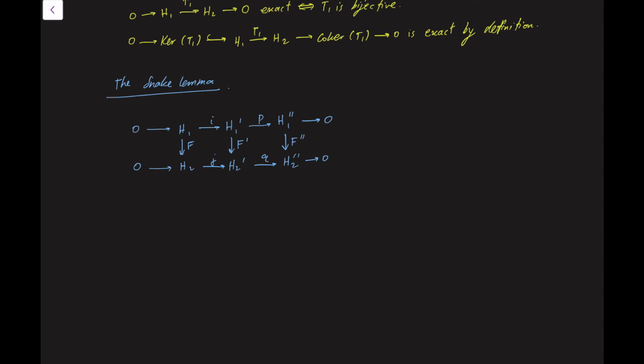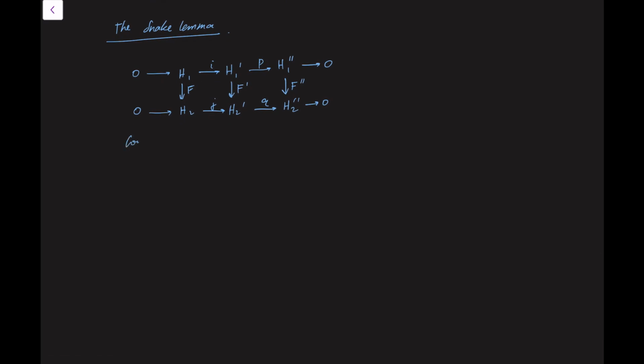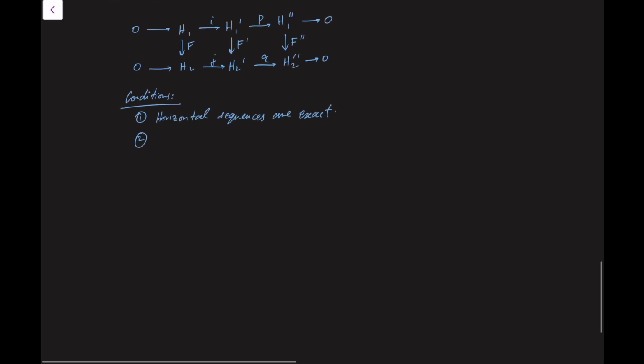Now, in this diagram, we want three conditions to be satisfied. The first condition is that we want the horizontal sequences, both of them, to be exact.